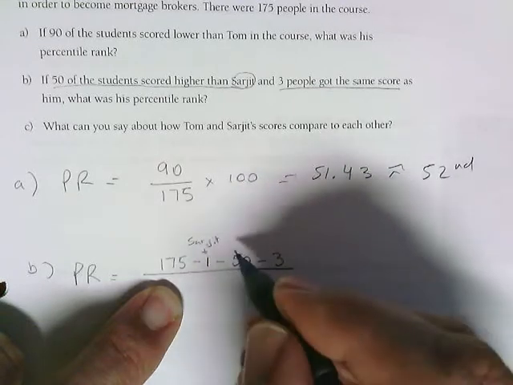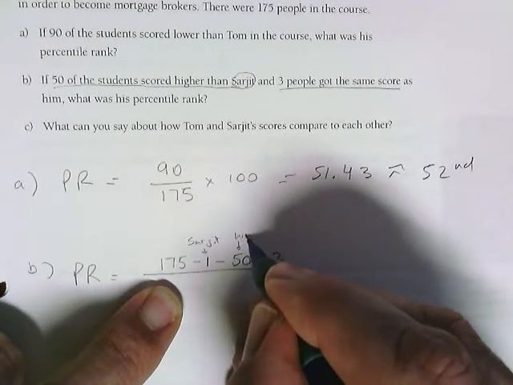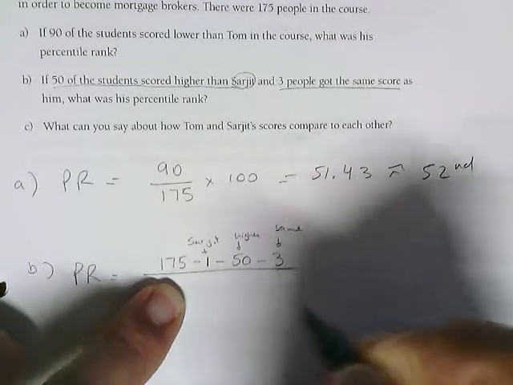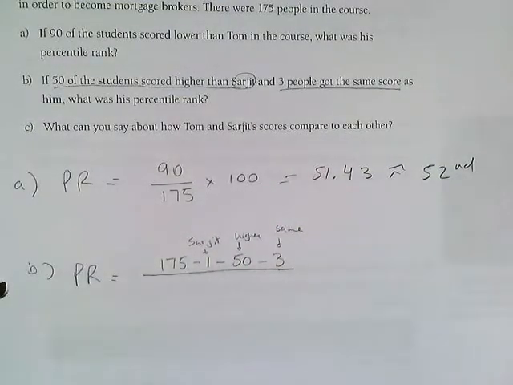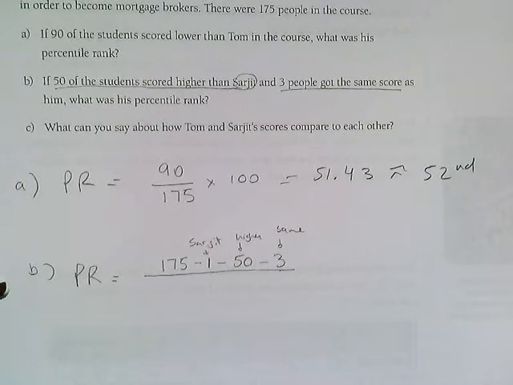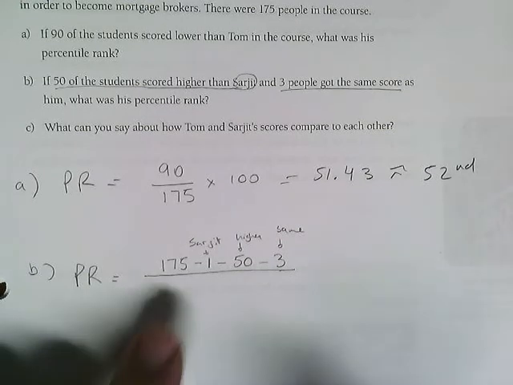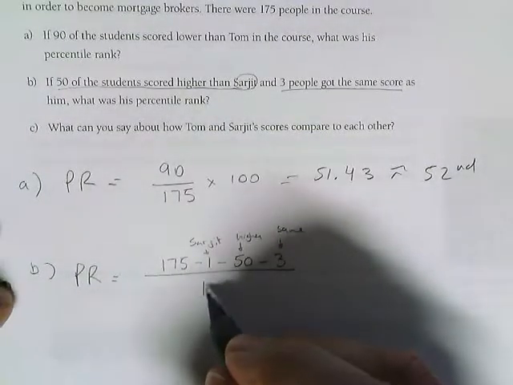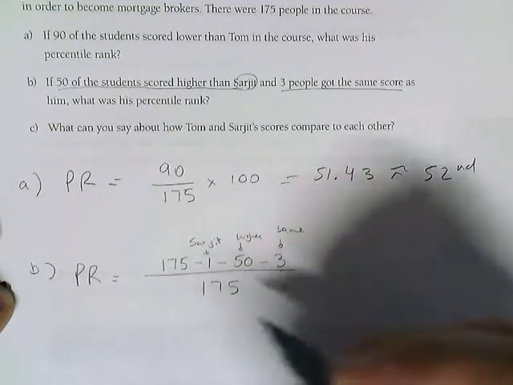These are higher, and these are the same. If you were to take off all these numbers from the total 175, you are left with whoever scored less than. You take away Sarjeet himself, take away the ones that scored the same, which is technically 4 that you have to take off, and the 50 that scored higher. And you still have to keep the 175 here because that's the total.